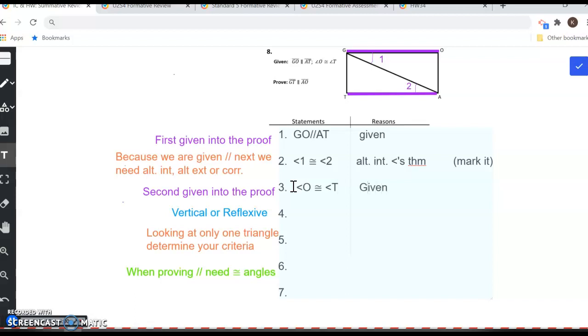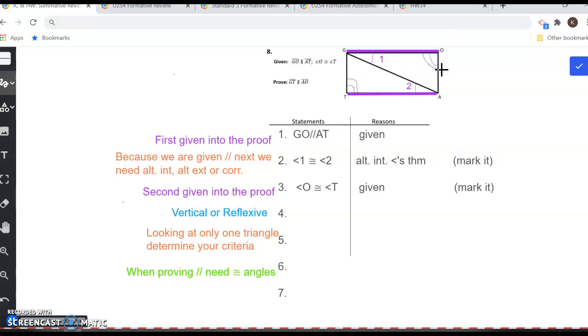Now that has no vocabulary, so all I need to do is go up to the top and mark it. Okay, so make sure that that gets marked up in your picture. So we'll go ahead and put an arc mark on O and T. Actually, let's do a double arc, just because our single arcs are already in use.